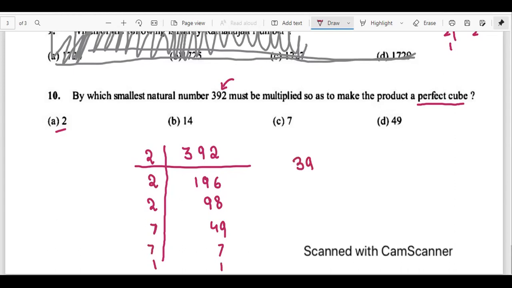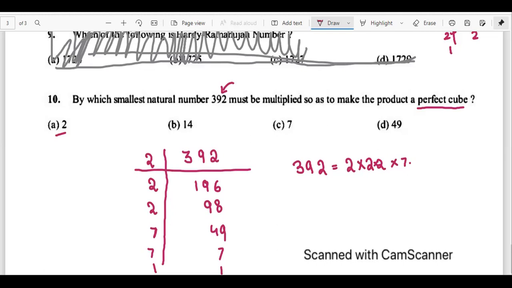So 392 is basically 2 into 2 into 2 into 7 into 7. Here we use the same condition: in a perfect cube, each prime factor repeats 3 times. Exactly, very good. So here we have 2 cube, but here we have 7 square. So we need to multiply 392 with 7.